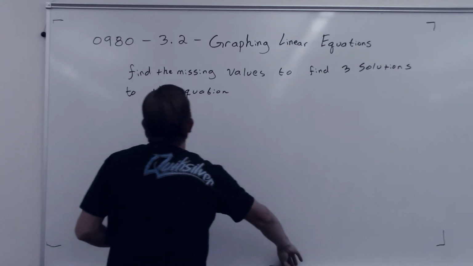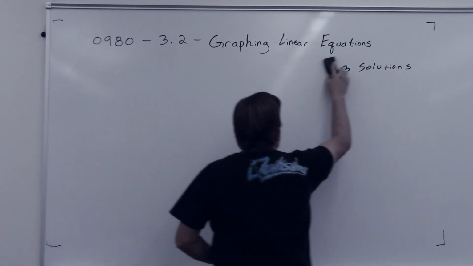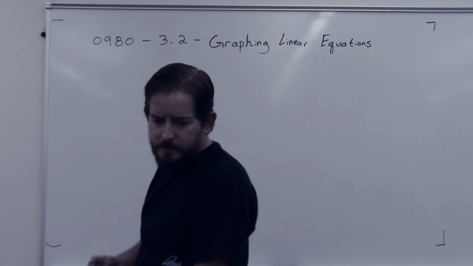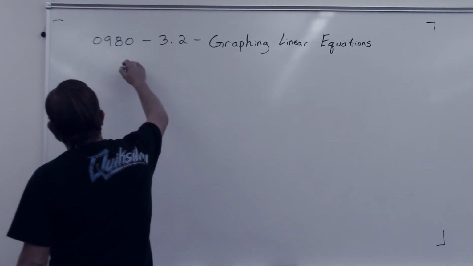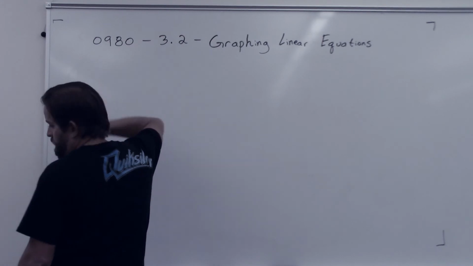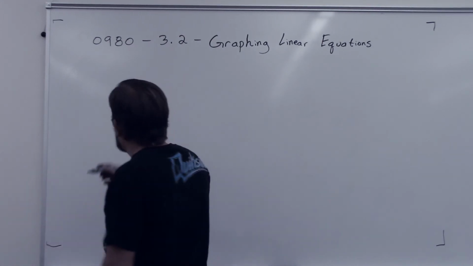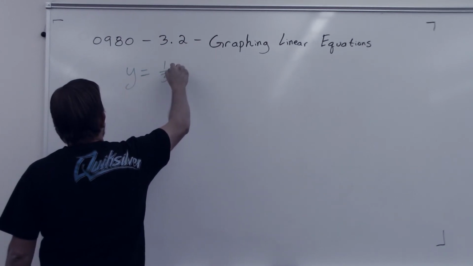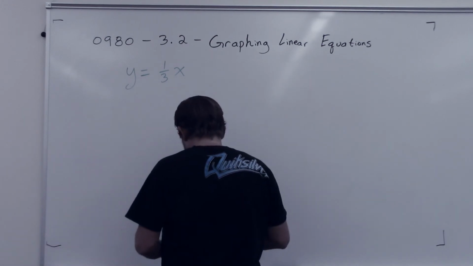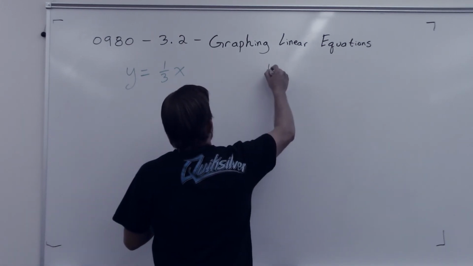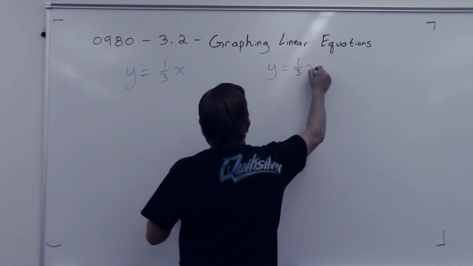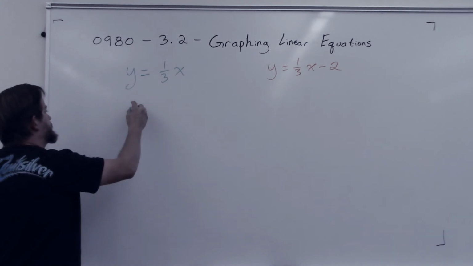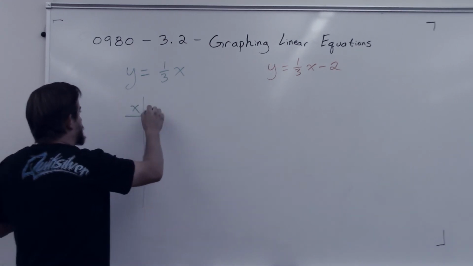Let's look at something simple like y equals 1/3 x and y equals 1/3 x minus 2. So I'm going to complete charts for both of these. Let's say we have x and y for this guy.